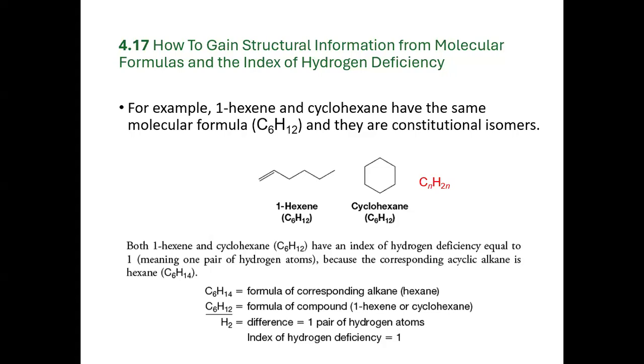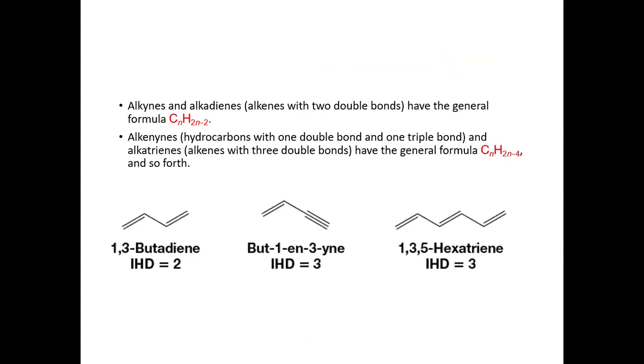You can calculate, if carbon is 6, then the hydrogen will be 12. But for alkynes, it's minus 2.